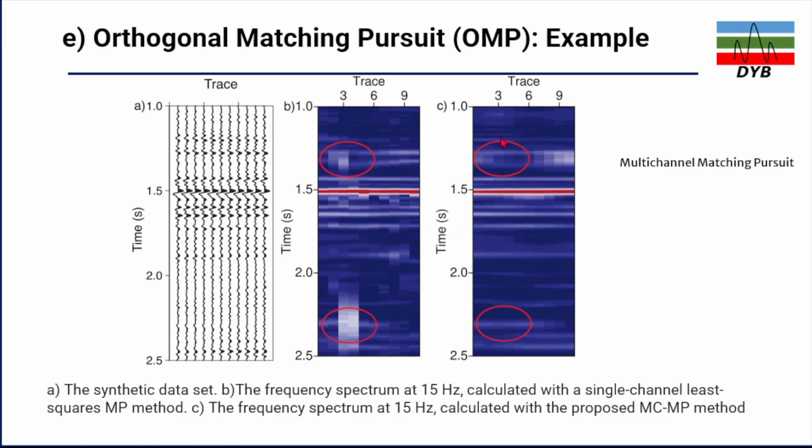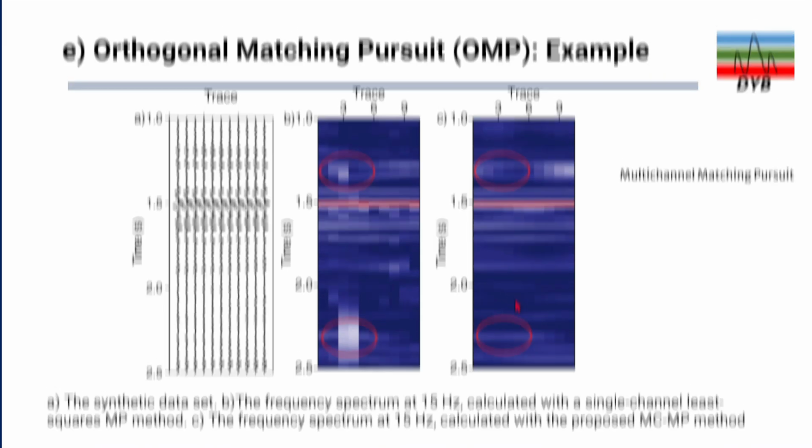But when they use the multi-channel matching pursuit method, then over here the wave was not matching before, but with multi-channel matching pursuit you can see the accurate matching of the wave, and you can see the best signal approximation over here and also in this part.